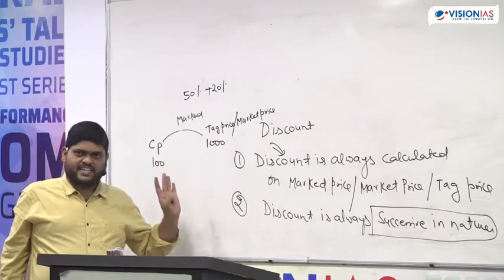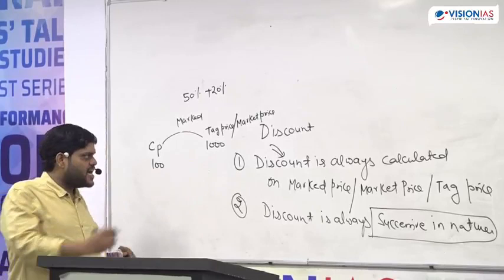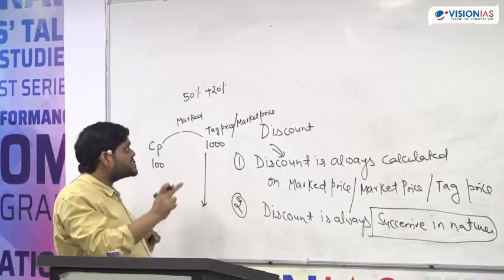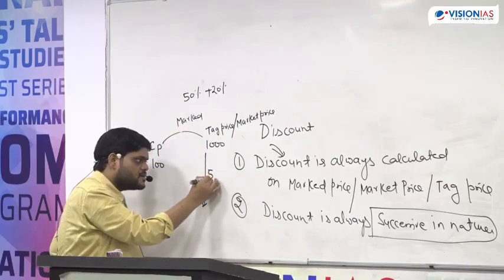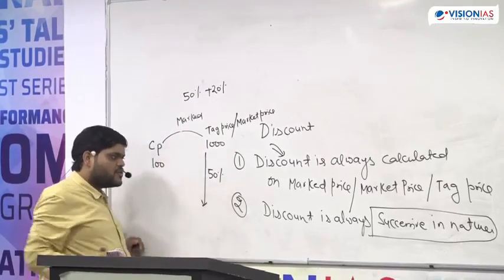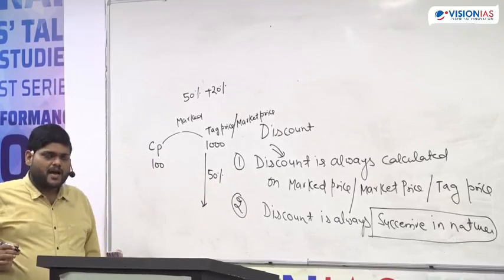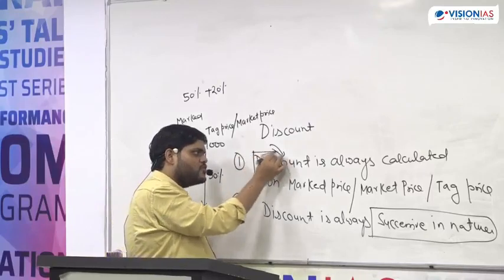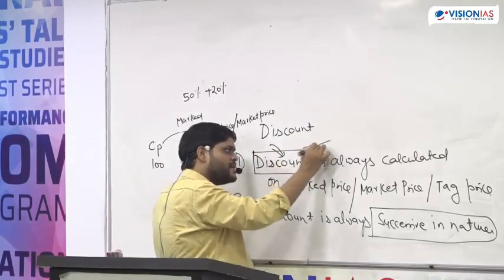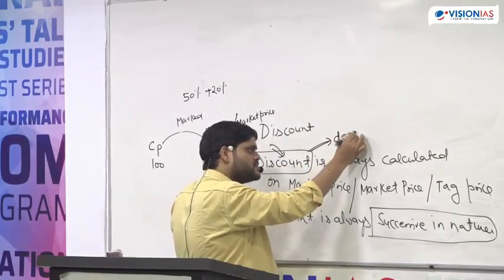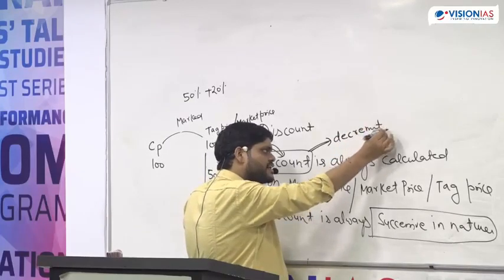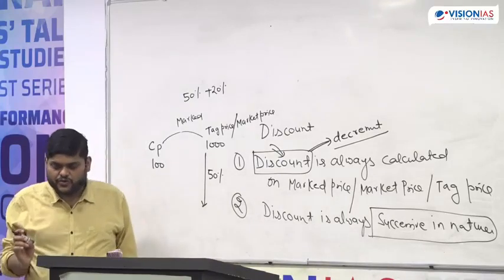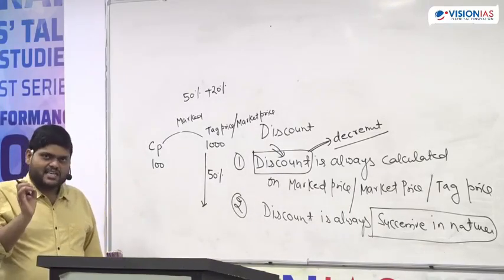Discount is always successive in nature. If discount is successive, first give a discount of 50%. I told you, whenever the word discount is there, that means decrement. Whenever the word discount comes in front of you, always think decrement.